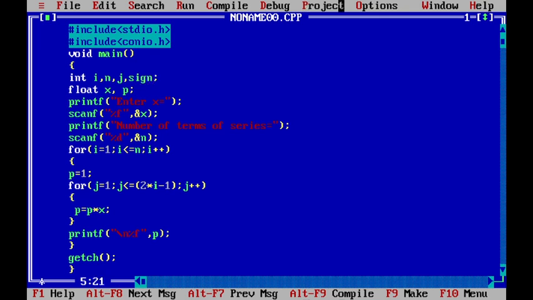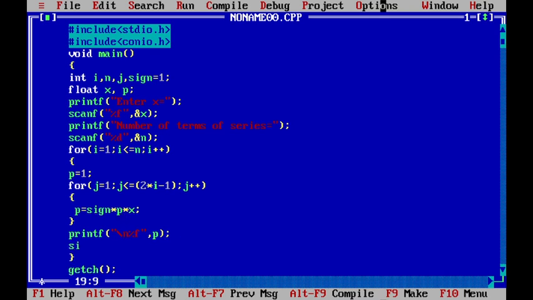Sign is equal to 1, and we multiply here p is equal to sign by the product term, and then we are going to change the sign here.